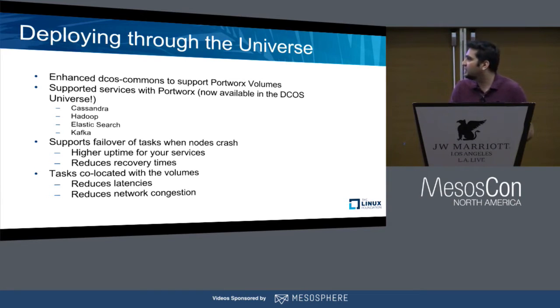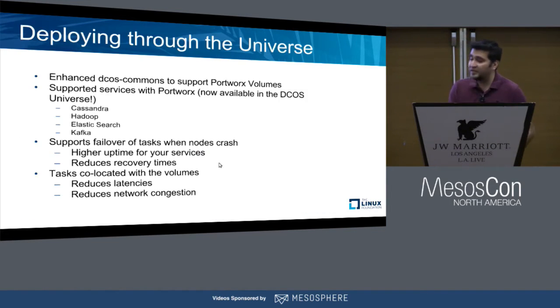So this ensures that your services have higher uptime. It also reduces recovery times because you don't have to wait for your node to come back up. As soon as DCOS recognizes that a node is down, the framework gets a notification, and it is able to launch the same task onto another node using the same volume.